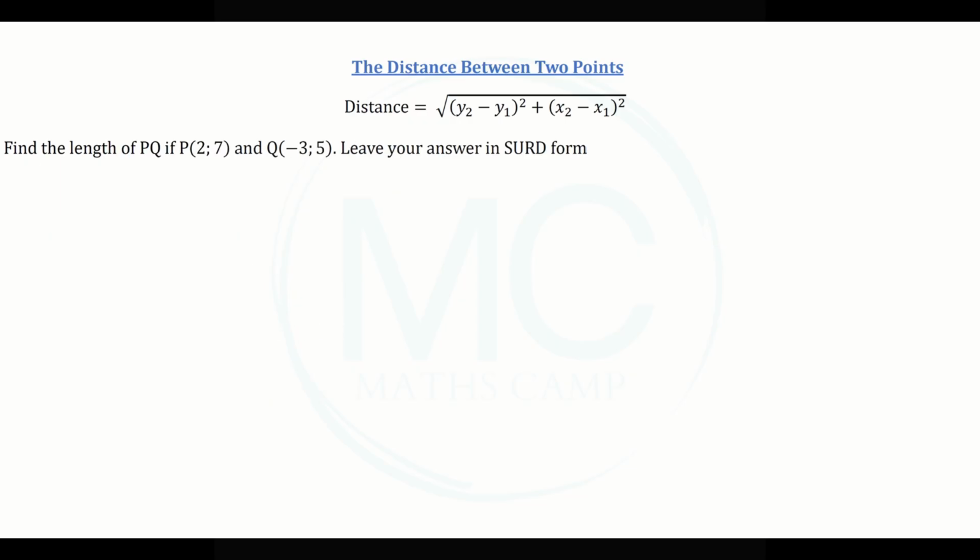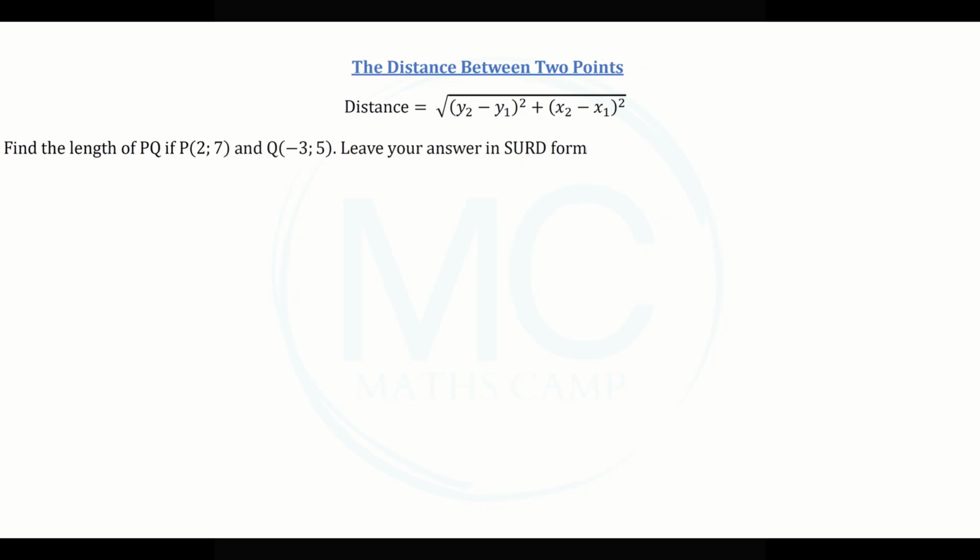Find the length of PQ if P has coordinates (2, 7) and Q has coordinates (-3, 5). Leave your answer in surd form. Now a surd is a value underneath a root sign. So in this case, we can leave our final answer in simplified form underneath the root sign.